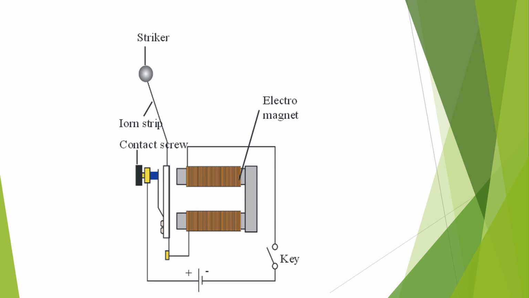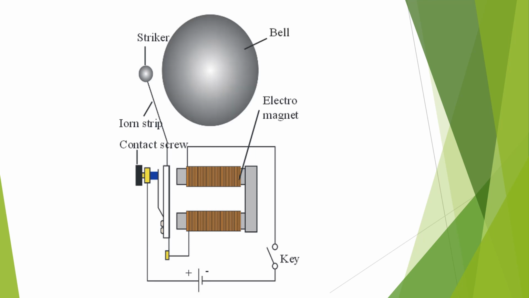And now in front of the striker we have the gong, or the bell. Now how is this going to work? I'll tell you. Whenever you apply pressure on the contact screw, look at the key in the diagram. What is going to happen when you apply pressure on the contact screw? The key, or the plug, will close.